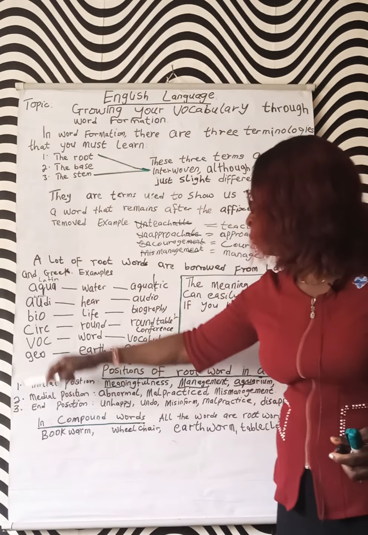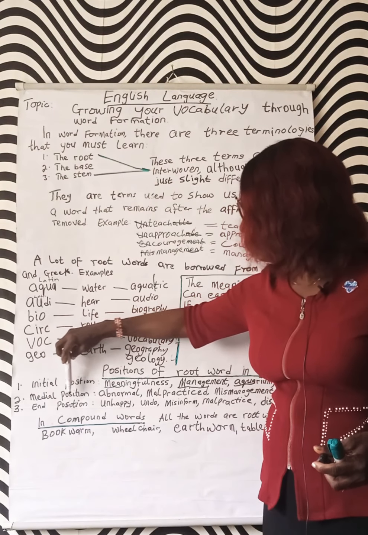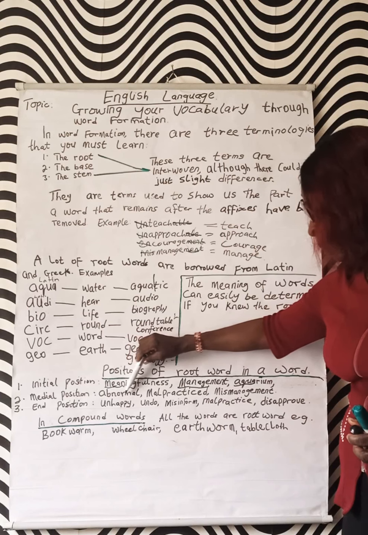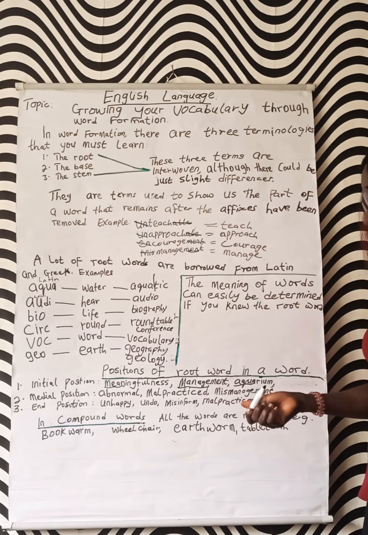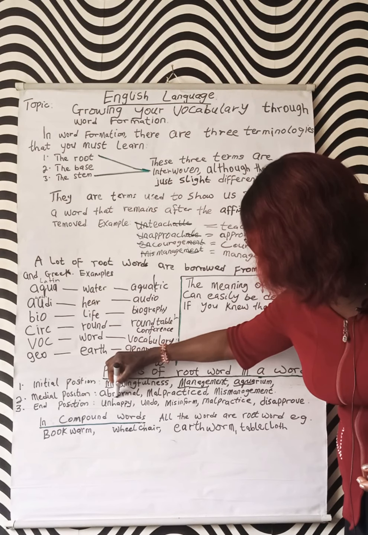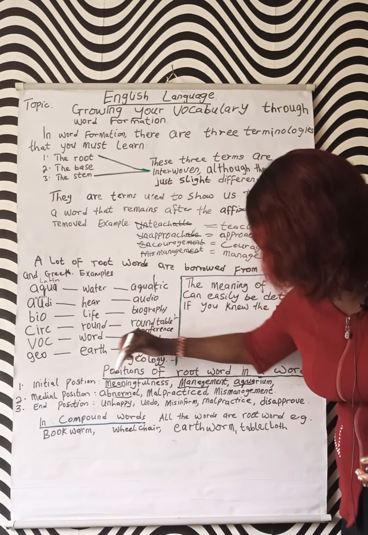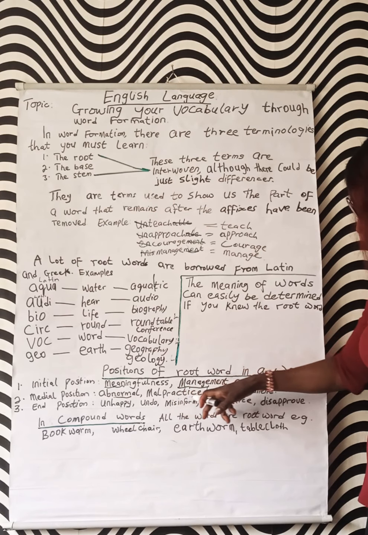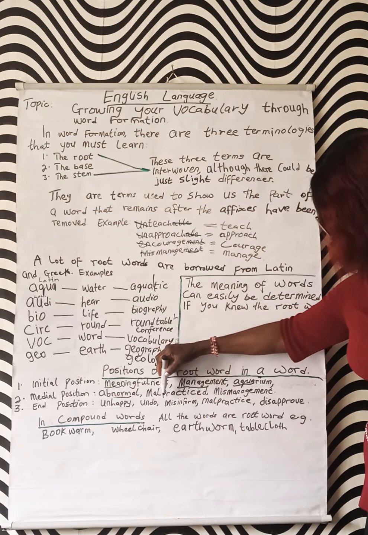We also have the root word at the middle position. That's at the middle of a word. We have abnormal. What's the root word? We have the root word normal. These are the position now. Then we have malpractice. Malpracticed. What's the root word here?